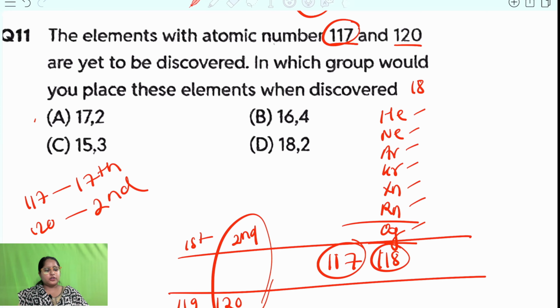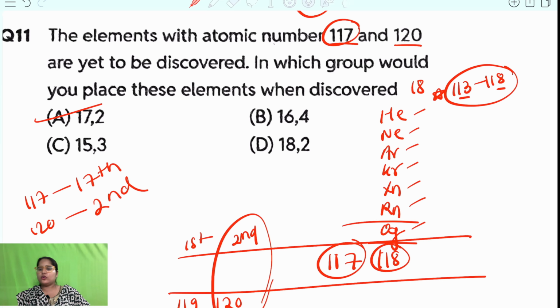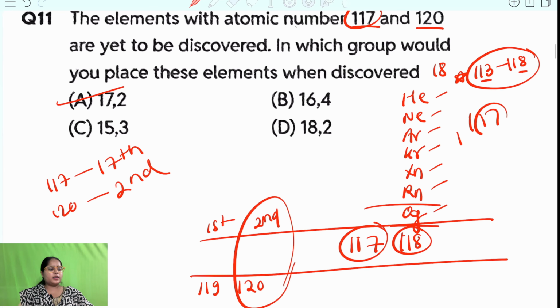So 17 and 2, question 11 option A. And one more trick you can write down: from 113 to 118, just see the last two digits, they indicate your group number. So 117: the last two digits are 17, so the group number is 17. Easy.